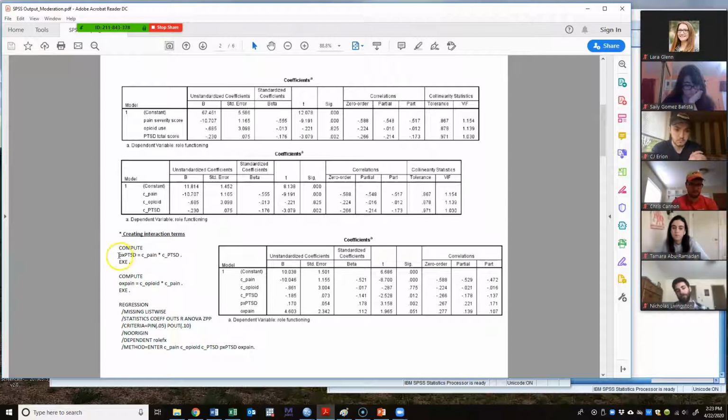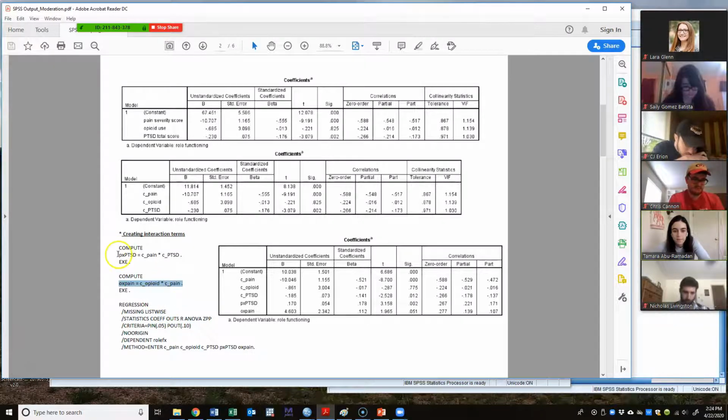And so, can you tell me what these terms are testing? My interaction terms, in a regression model? Yeah. They're testing whether the effects of opioid use are affected by pain ratings.